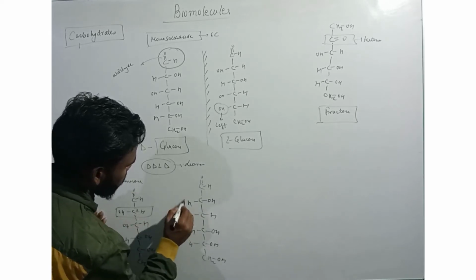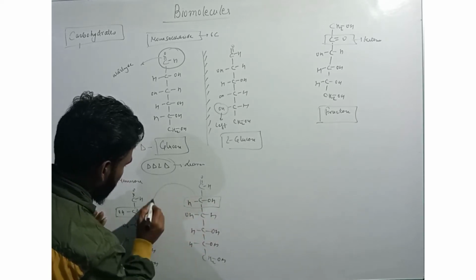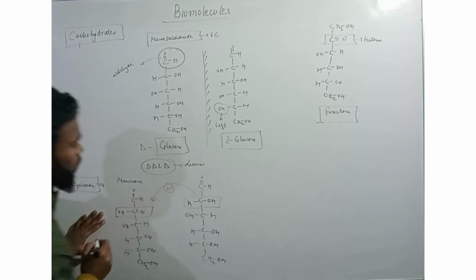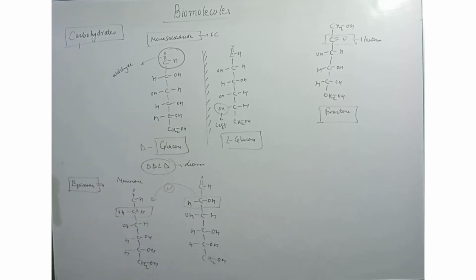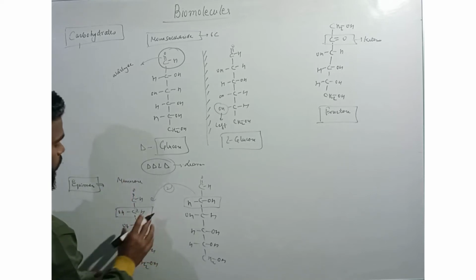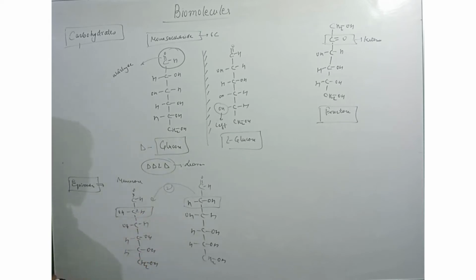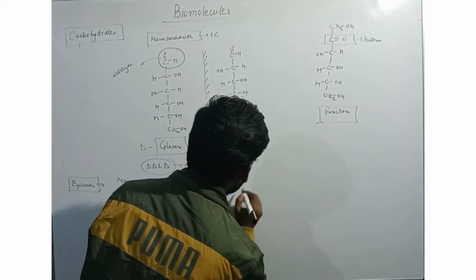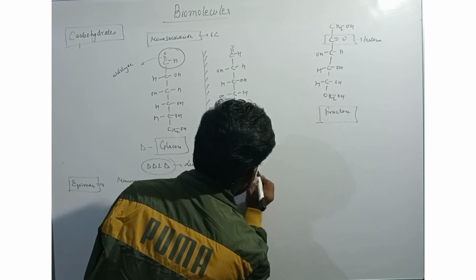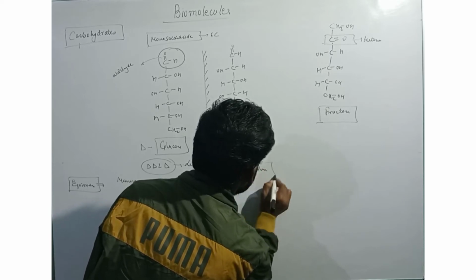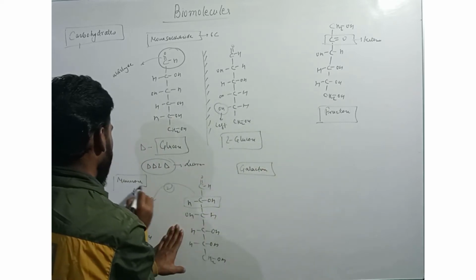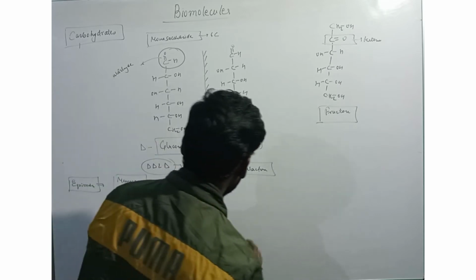Please do remember. The epimer of carbon 2: the configuration is changed in carbon 2 only. That's why mannose is called the epimer of glucose. But if I'm talking about galactose, then it is the epimer at carbon 4. Let's see.